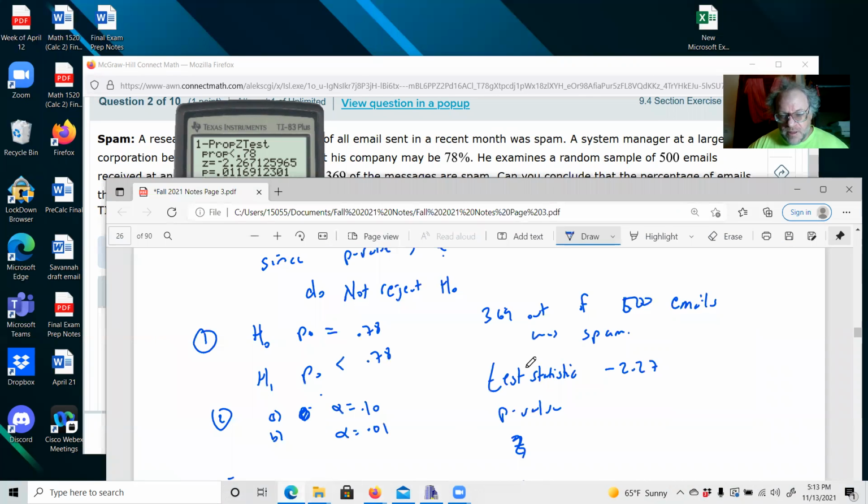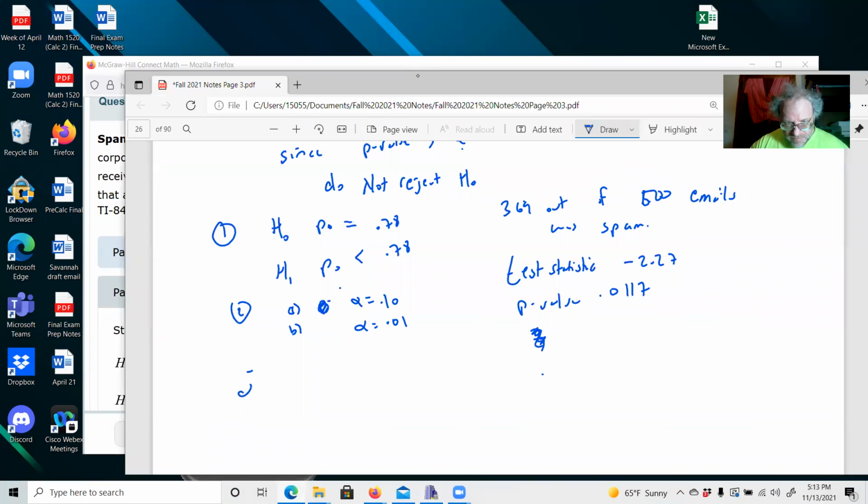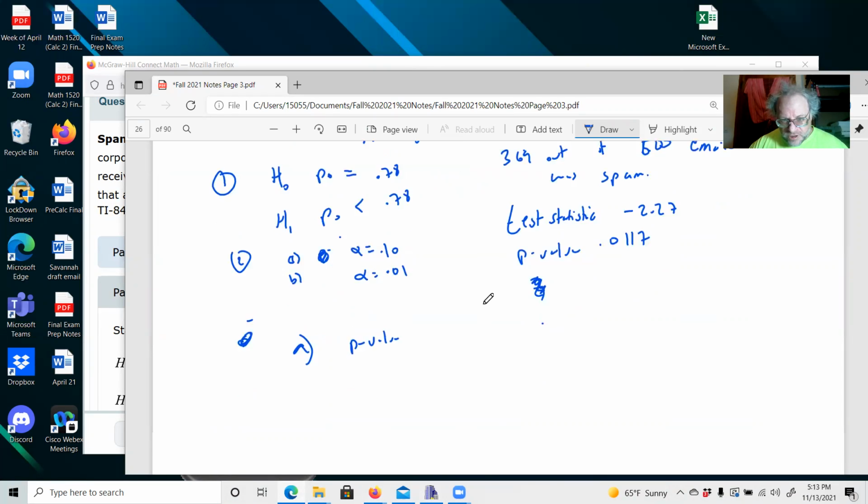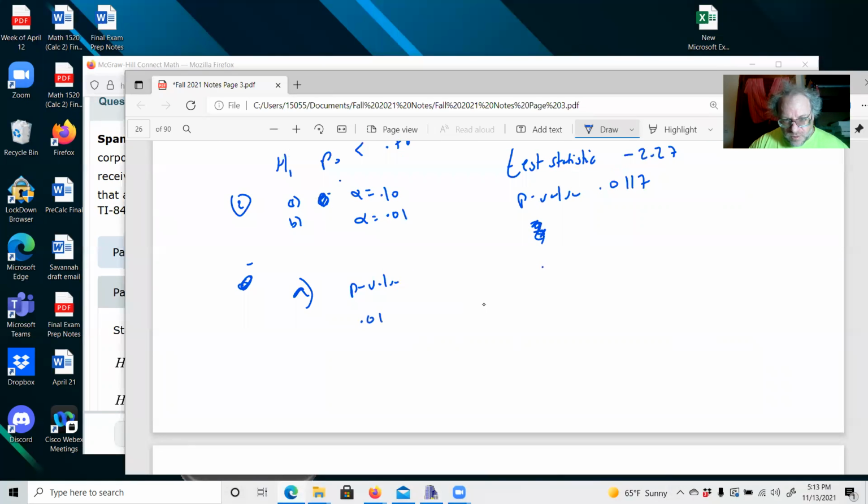So this is 0.0117. Okay, so in part A, what's our p-value and what's our alpha? Our p-value is 0.0117, and alpha was 0.10.